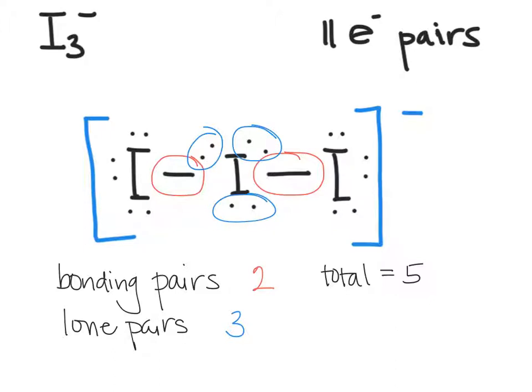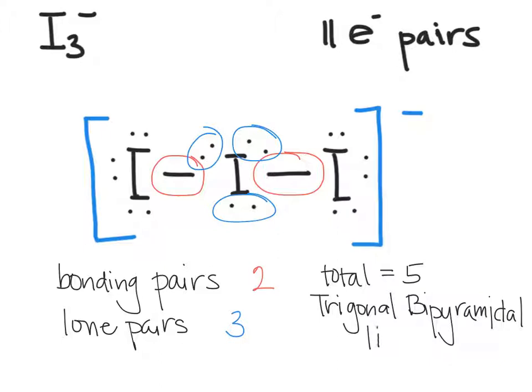Which makes this structure, when we draw it as a VSEPR structure, a trigonal bipyramidal, and in that form, because we have 2 bonding pairs and 3 lone pairs, it would be linear.